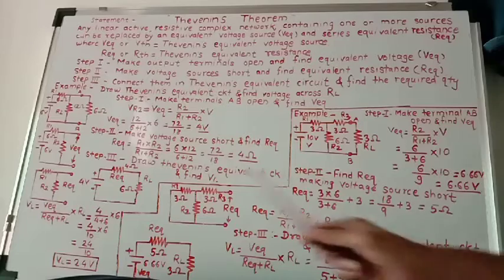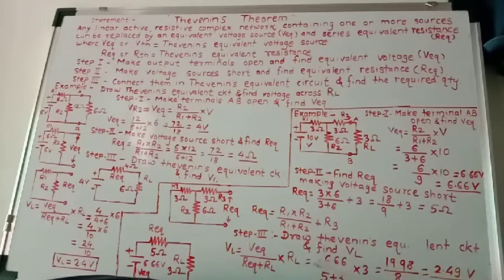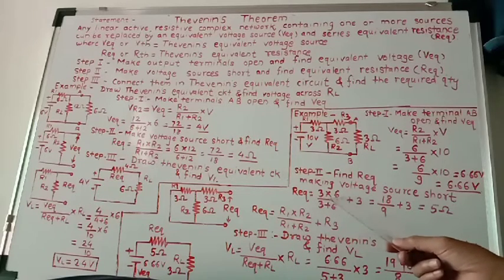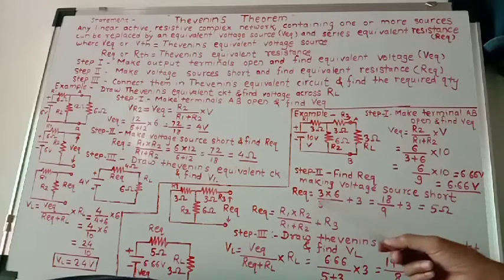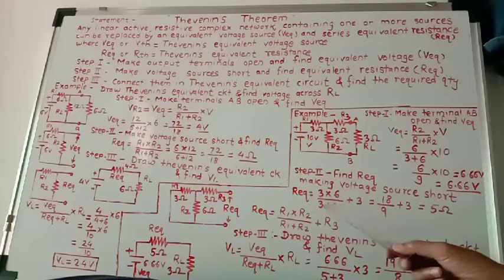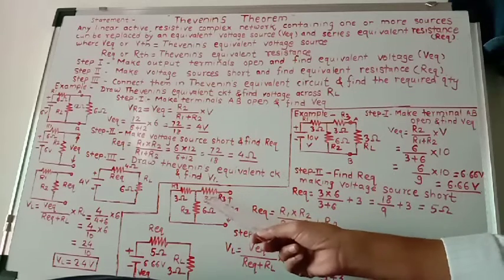So what is R1? It is 3 ohm. So 3 into 6 divided by 3 plus 6, that is R1 into R2 divided by R1 plus R2, and plus, because this resistance is in series, plus 3 ohm.